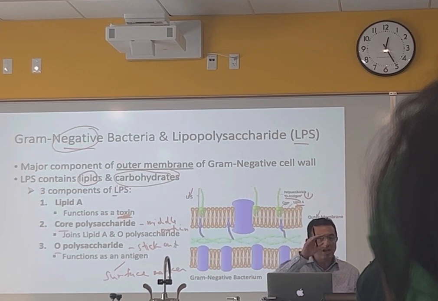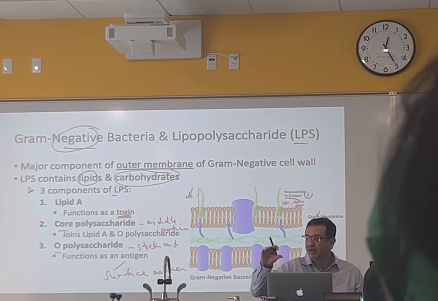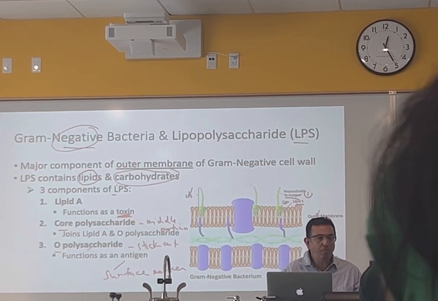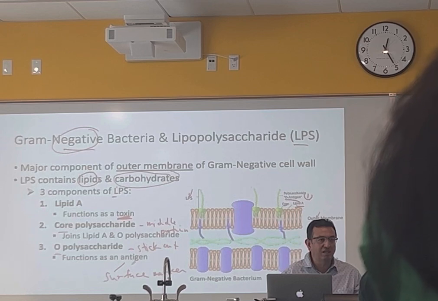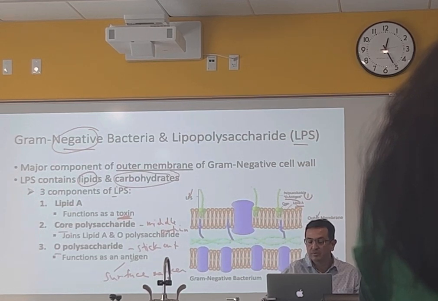Because gram-negatives all have LPS, but you have to understand, you have different bacteria that are also gram-negative. They don't all have the same LPS. Their O part differs. So that's acting as a surface marker, as an antigen, to distinguish between the different gram-negatives. All right?